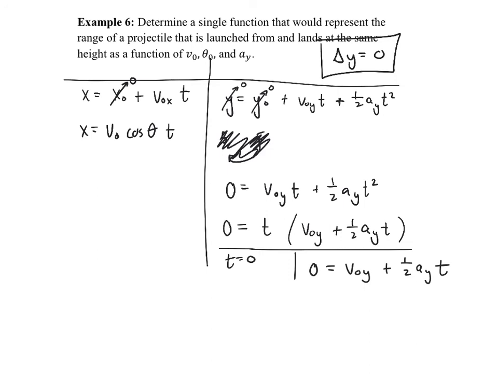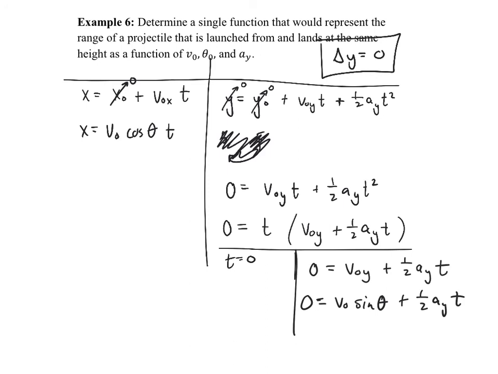What is v0y again? It's v0 sine theta. Very good. And our goal in this process is to solve for time. Solve this for time, please. Literally, go ahead and do it. Move this over.